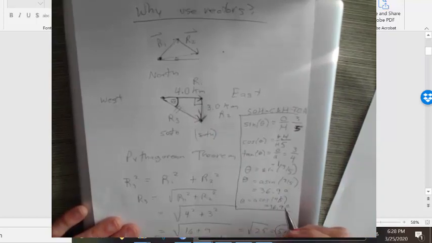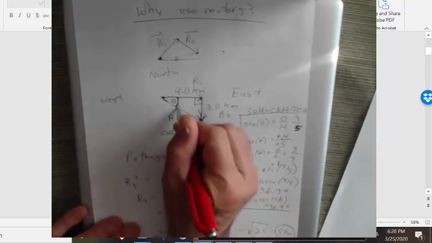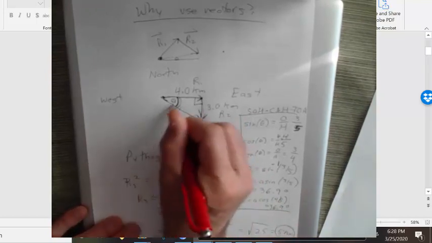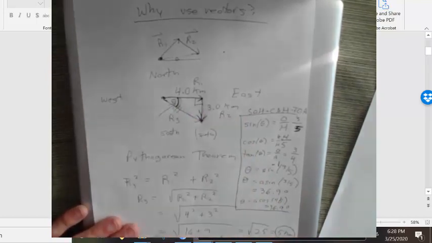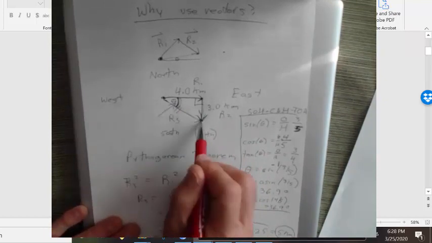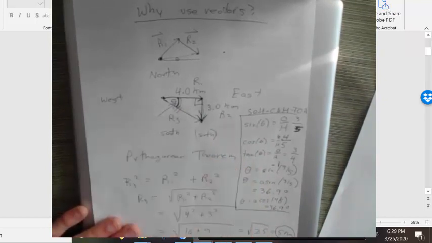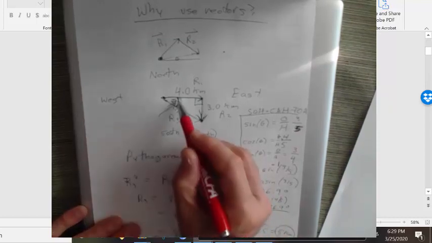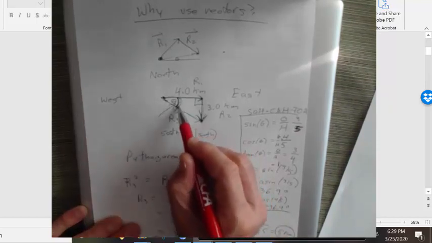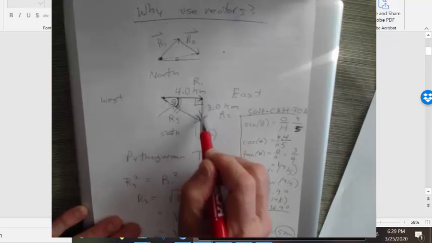And then how do I express that angle theta? Because I could say, okay, that angle theta is 36.9 degrees. Since you see it on the drawing, that's good enough. What if I wanted to tell my friend what angle he had to walk to find me? Then I'd want to give him more specific directions. I'd want to say, okay, you're going to need to walk 5 kilometers. That's what I found here. And you're going to need to walk at an angle of 36.9 degrees south of east.